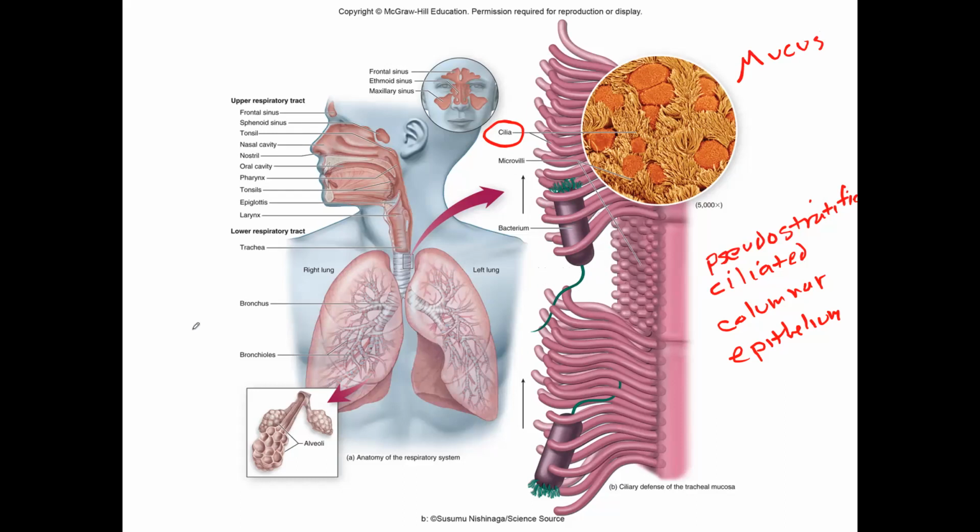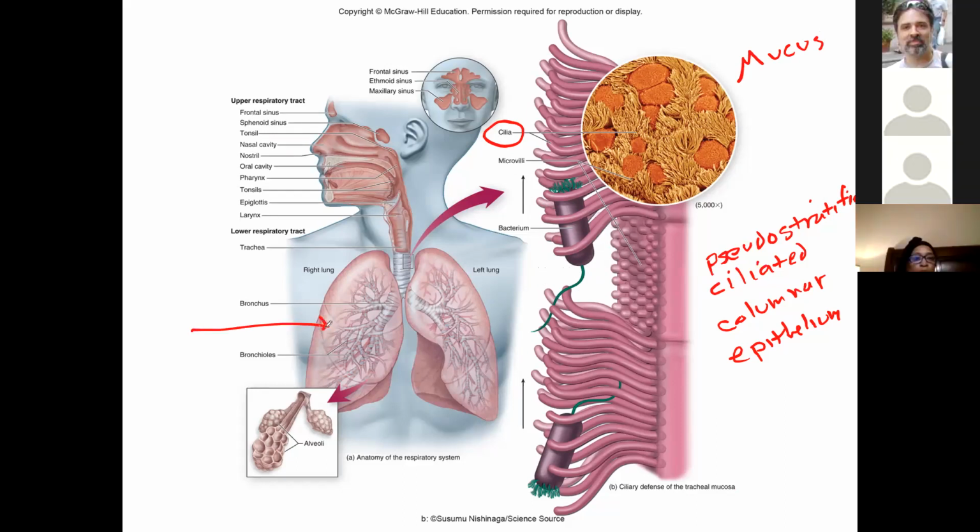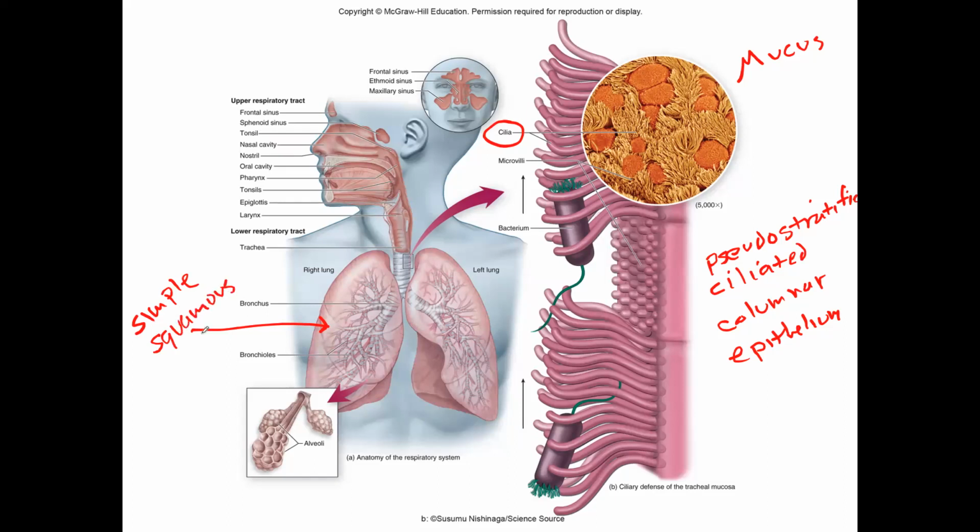The lungs are made up primarily of simple squamous epithelium. Okay. That's the bulk of the lung tissue, and it's very delicate and easily damaged.